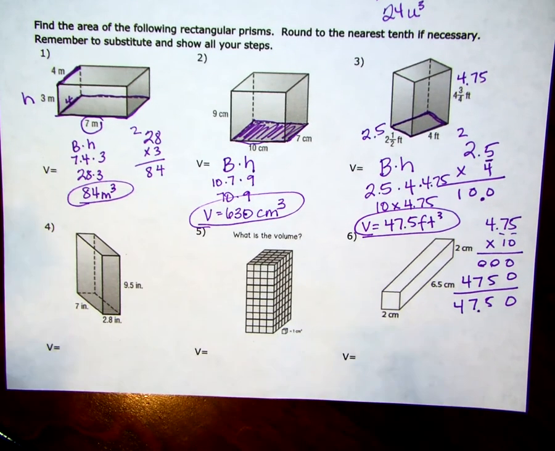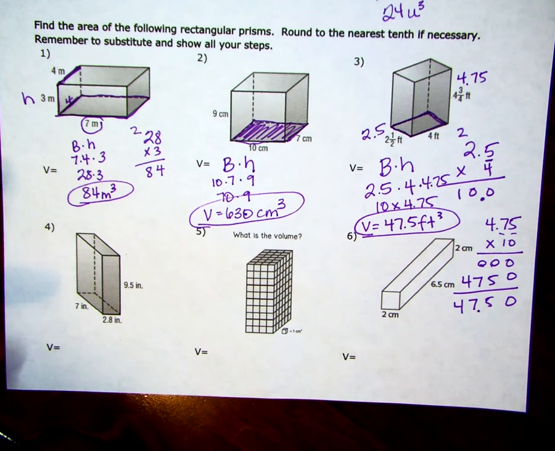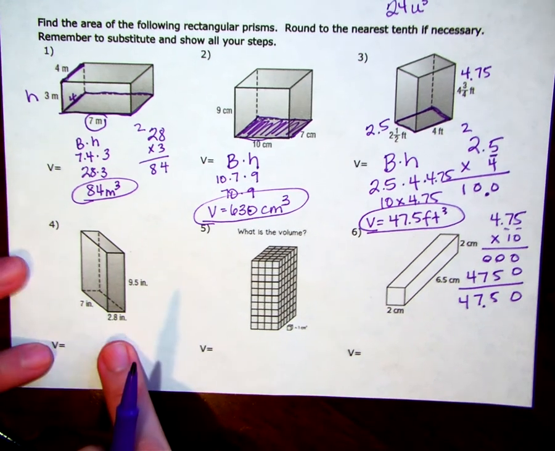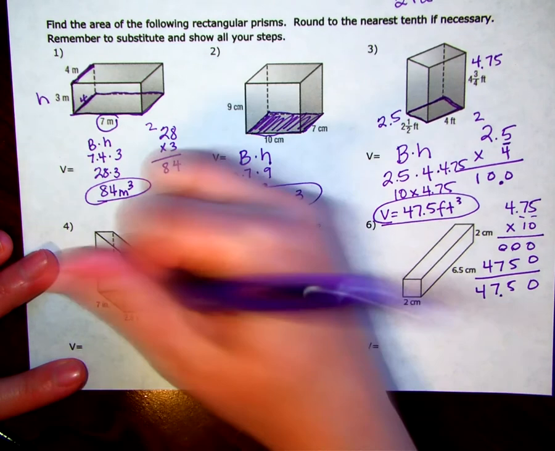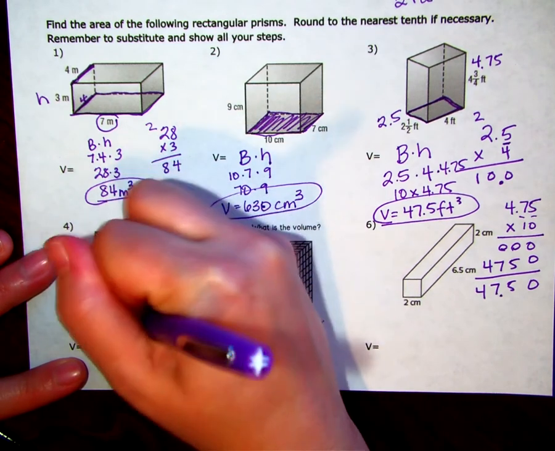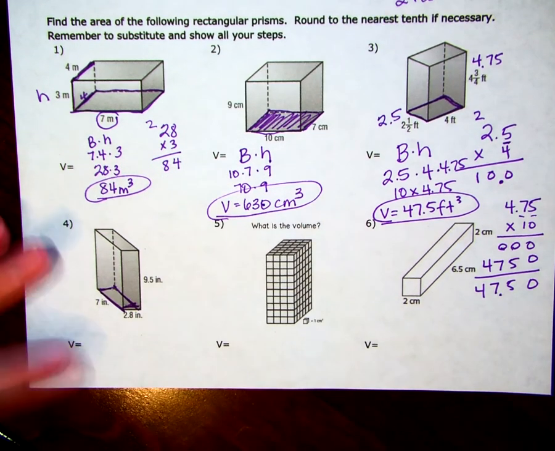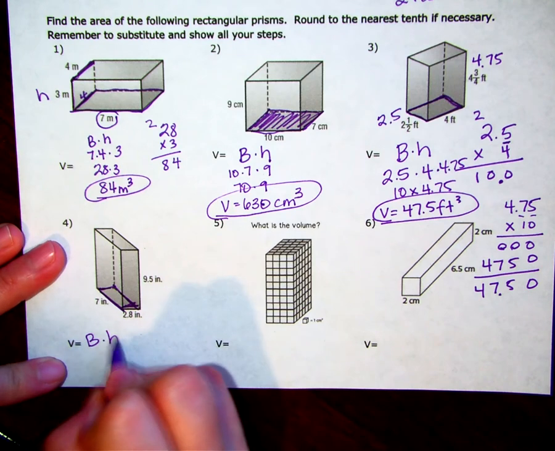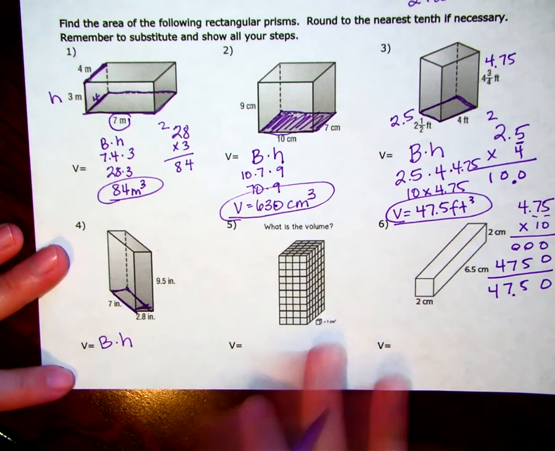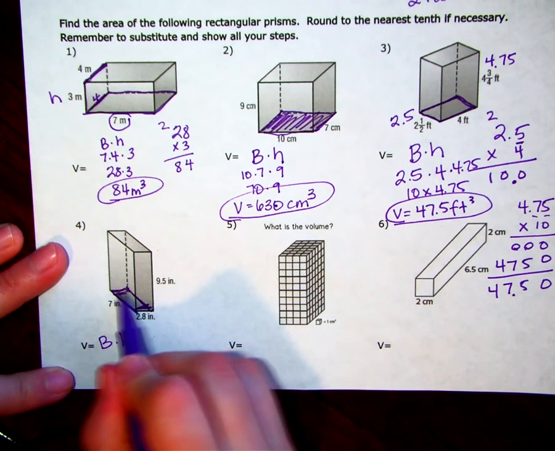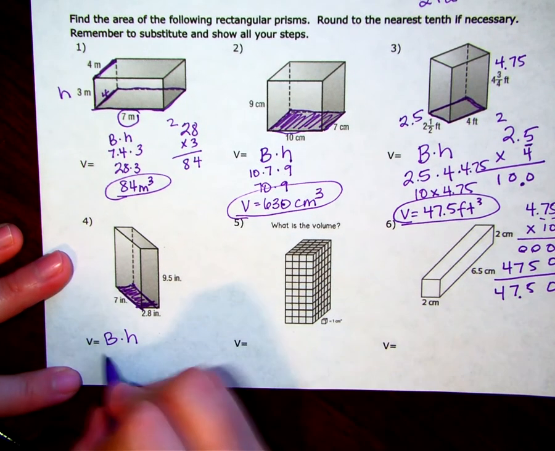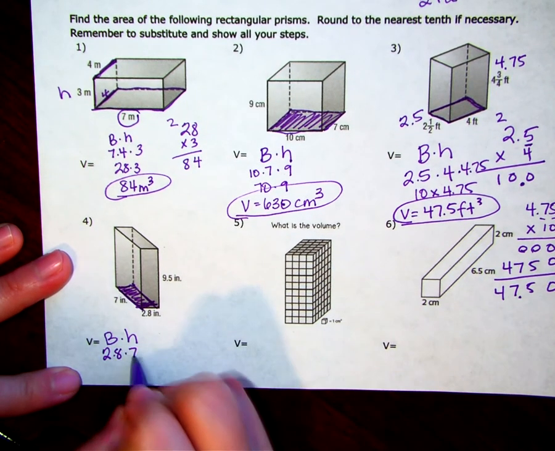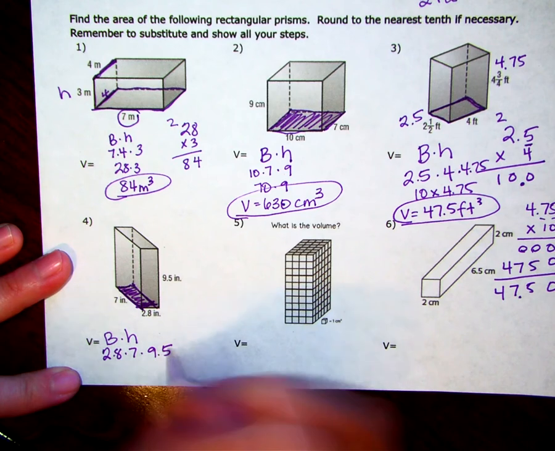All right, so hopefully it seems doable so far. Okay, so number 4, you find the area of your base. So identify where your base is. Right there. Big B times H. So you're going to find big B first, so it's right there. You're going to do 2.8 times 7, and then take that and multiply it times 9.5.